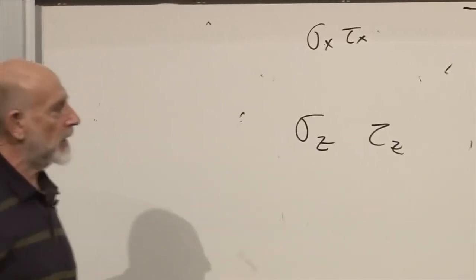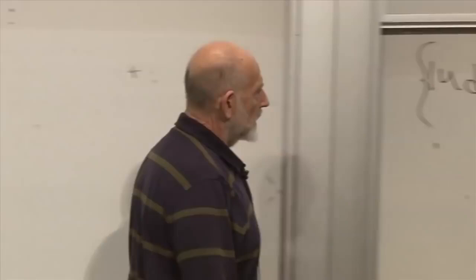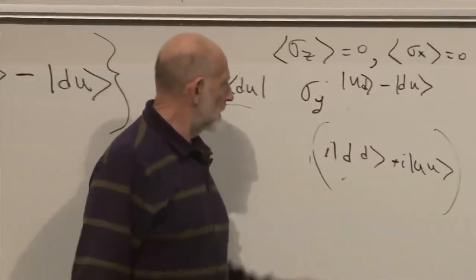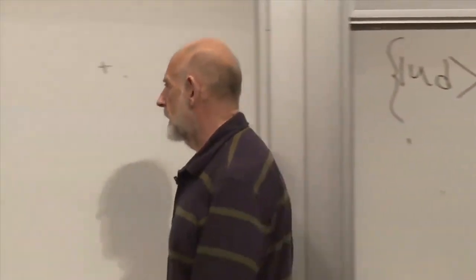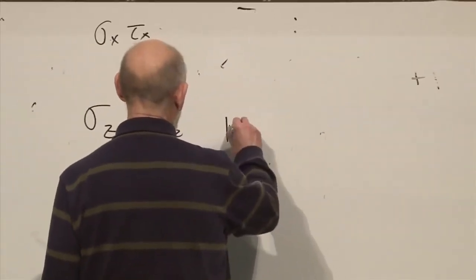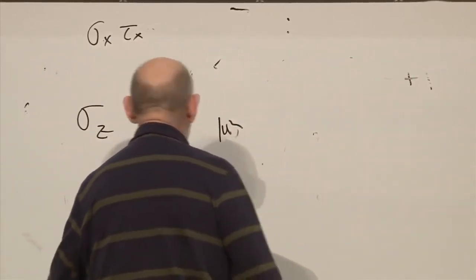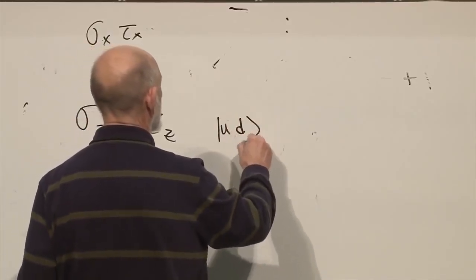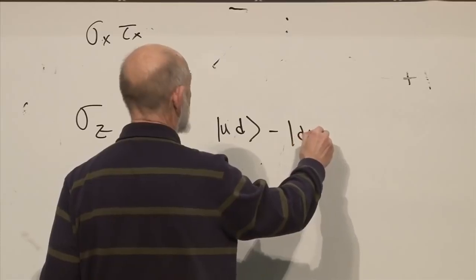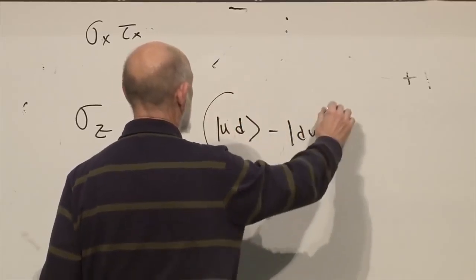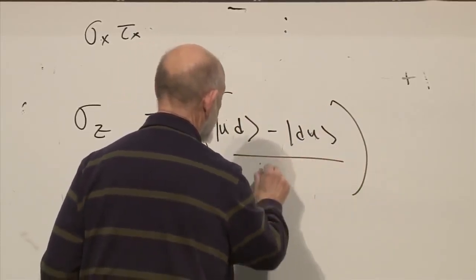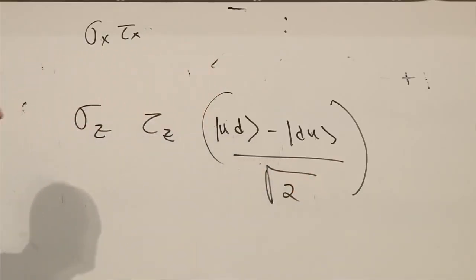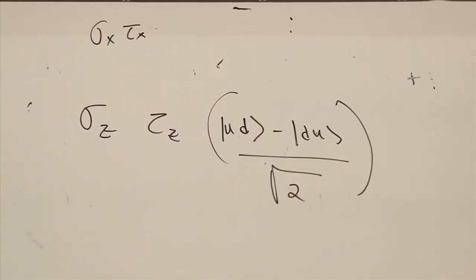Now to do this, we again make a sandwich. And all right, so let's do it. Up, down, whoops, sorry. Now I should put the square root of 2 in. The reason I should put the square root of 2 in now is because I'm not going to get 0. So if I really want to get the numerical number, I want to put that square root of 2 in.